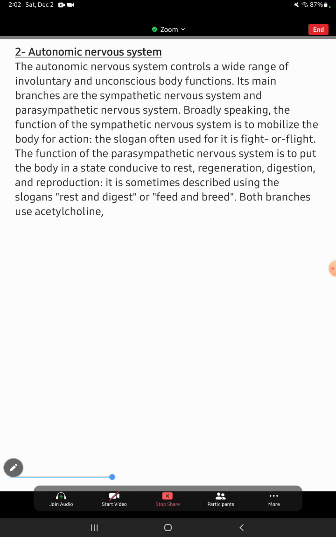Second is the autonomic nervous system, ANS. The autonomic nervous system controls a wide range of involuntary and unconscious body functions. Its main branches are the sympathetic nervous system and the parasympathetic nervous system. Broadly speaking, the function of the sympathetic nervous system is to mobilize the body for action.